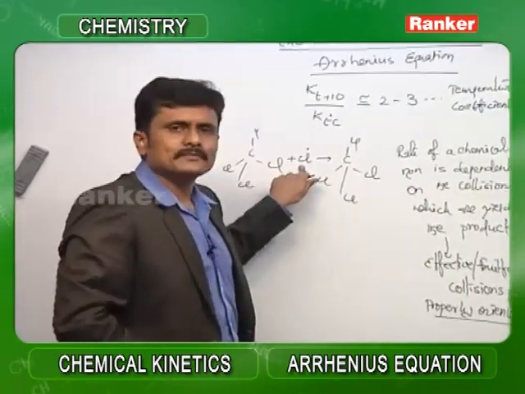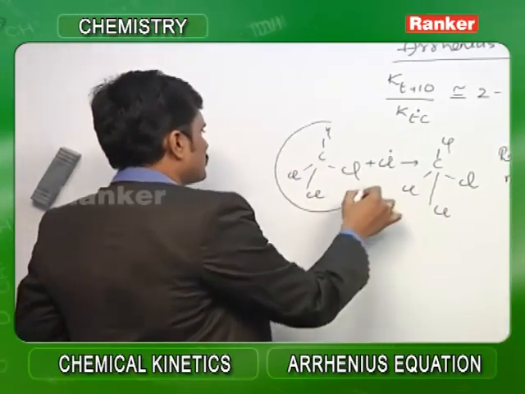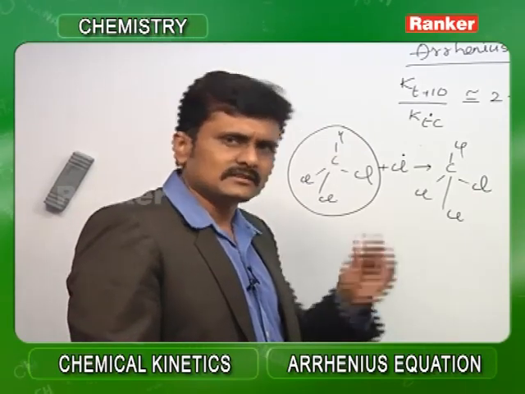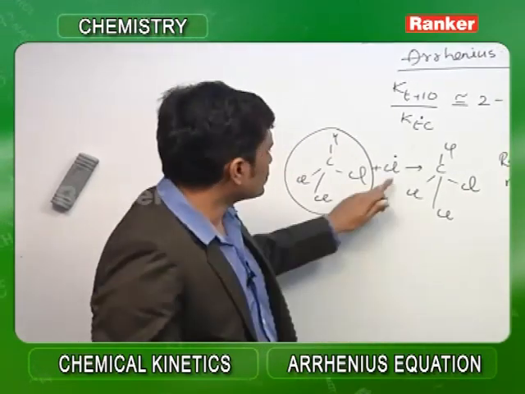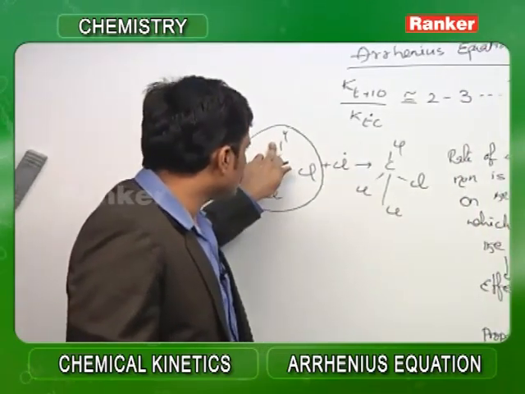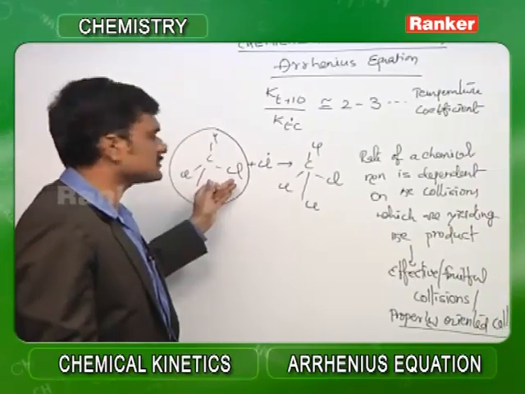Here this chlorine radical is supposed to collide with the chloroform molecule, and the probability of the chlorine radical attacking the C-H bond which it is supposed to replace is only 25%.